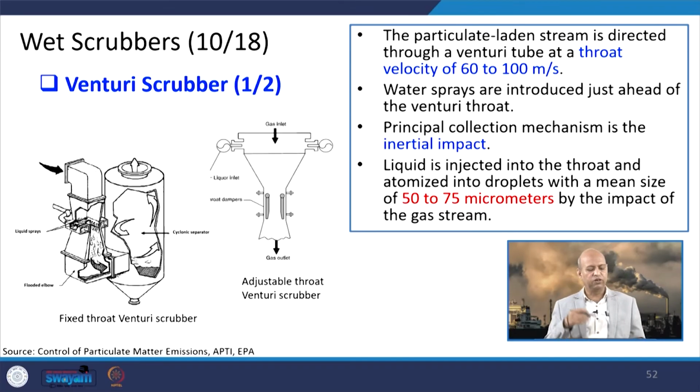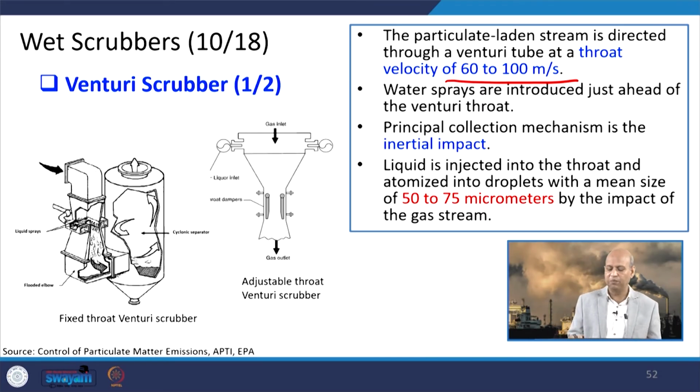When we talk about a different scrubber like the Venturi scrubber, there we use a very narrow throat to push liquid and particles at high speed. The velocity is like 60 to 100 meters per second, a very high velocity through the throat. Water sprays are introduced just ahead of the Venturi throat.